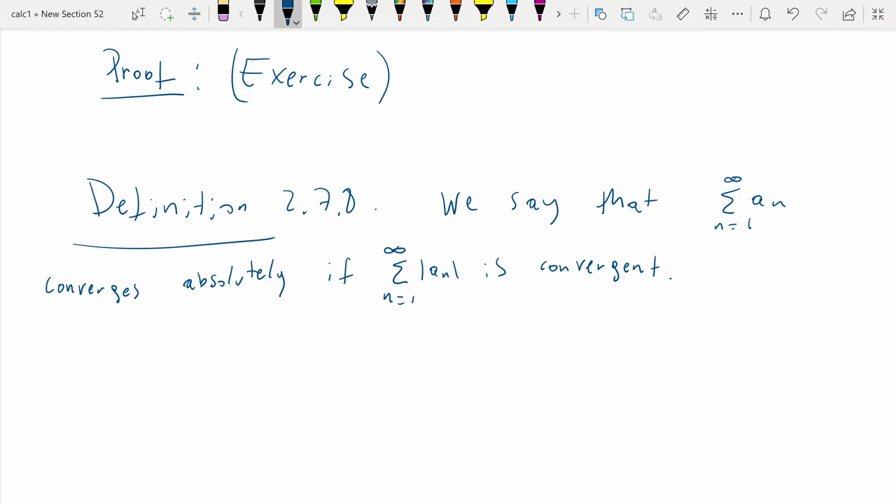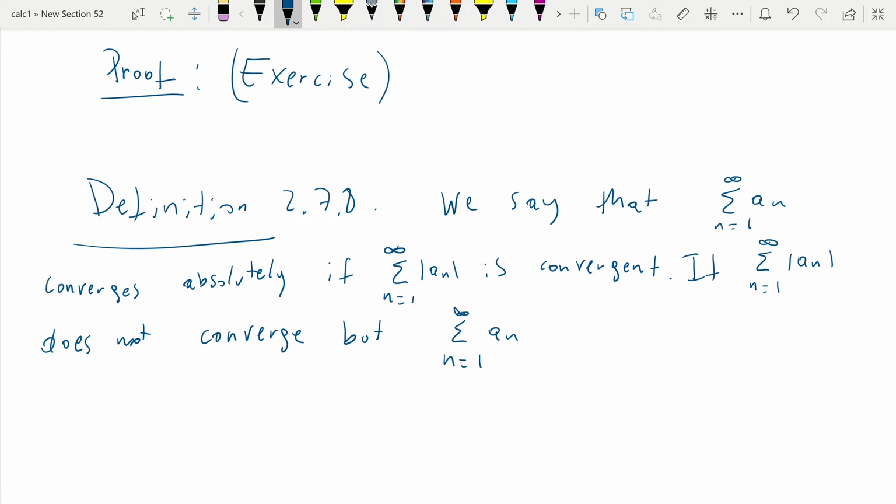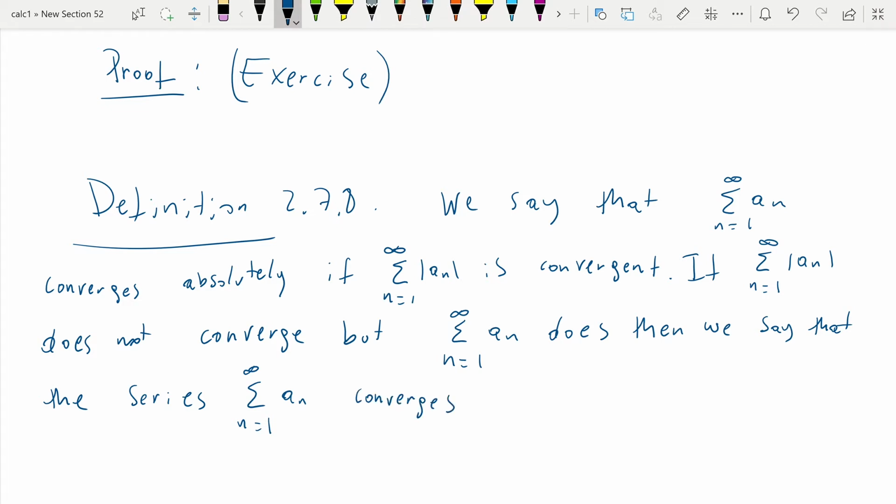If this sum does not converge, but the sum of the a sub n does, then we say that the series a sub n from n equals 1 to infinity converges only conditionally.